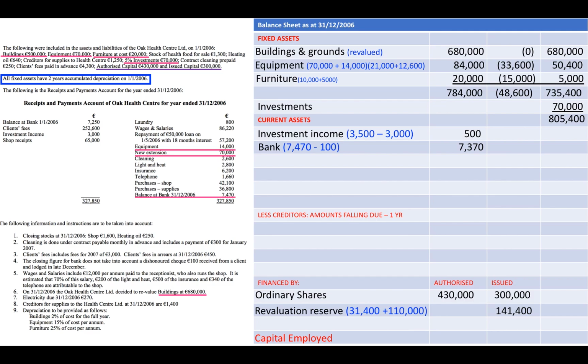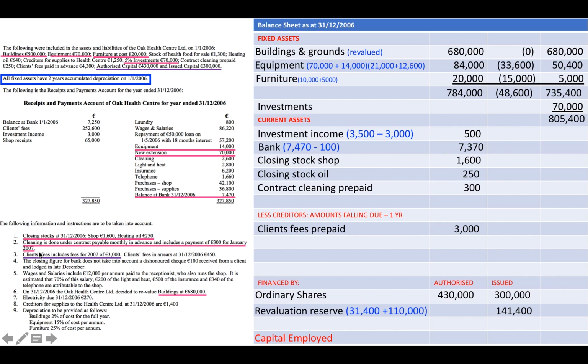Our investment income, we learned about this earlier on. We are due to get 3,500 for the year, but we only received 3,000, so therefore 500 is investment income due. Then note 1, we have the closing stock for the shop and the heating oil. Then in note 2, we have contract cleaning prepaid, €300.